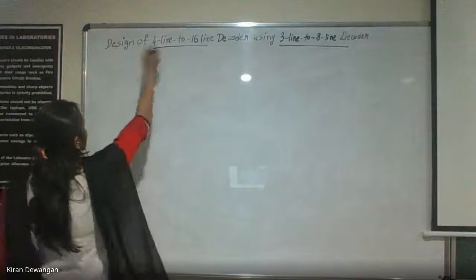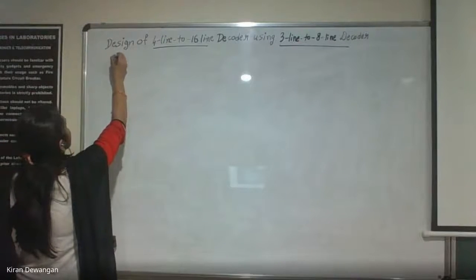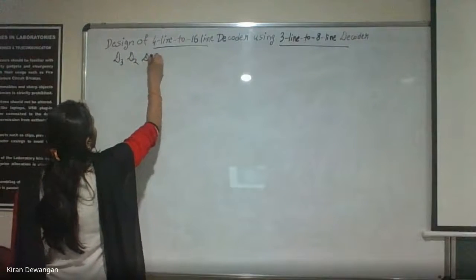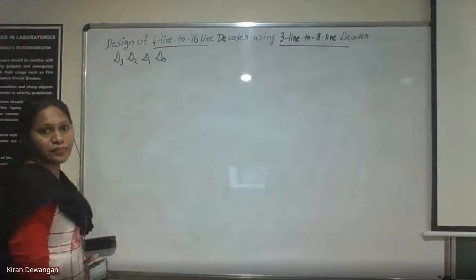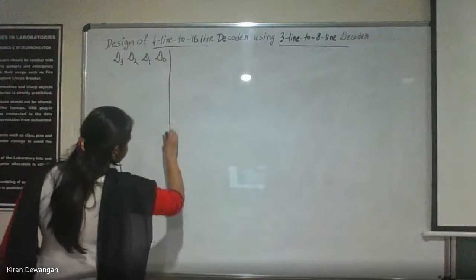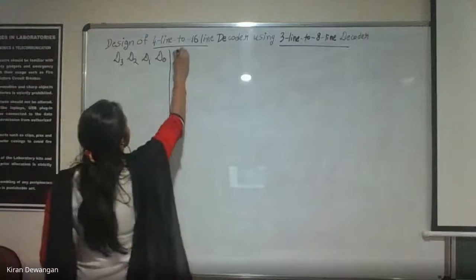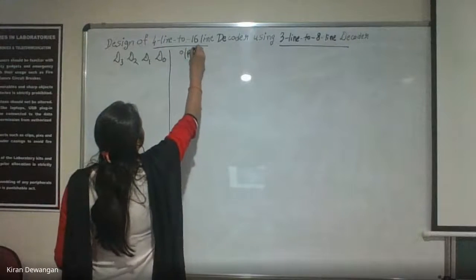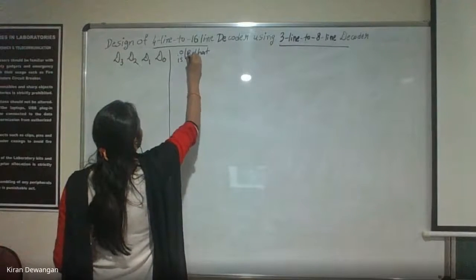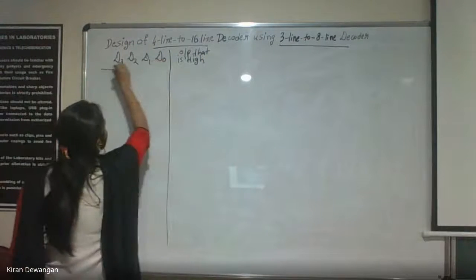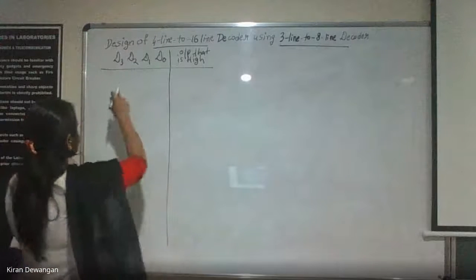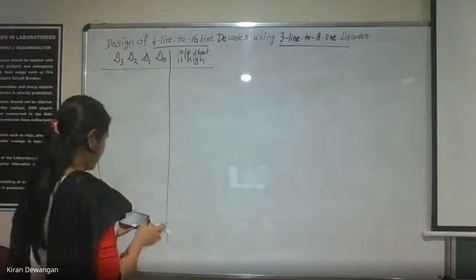So if we are having 4 inputs, let us take D3, D2, D1 and D0. These are our 4 inputs, and the output that is high will be depending on the combination of D3, D2, D1 and D0.